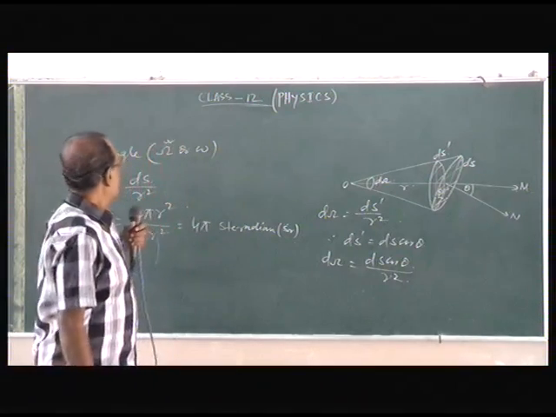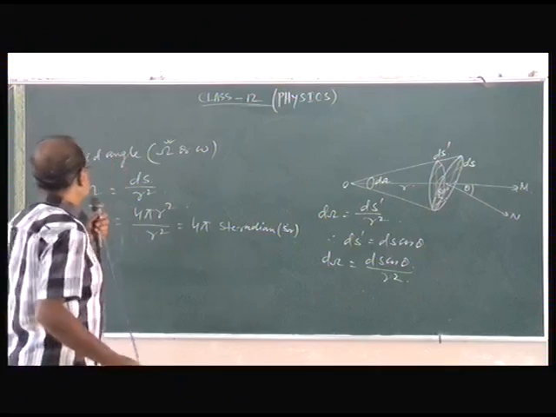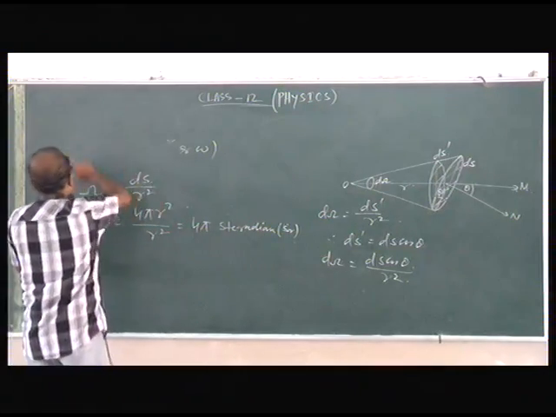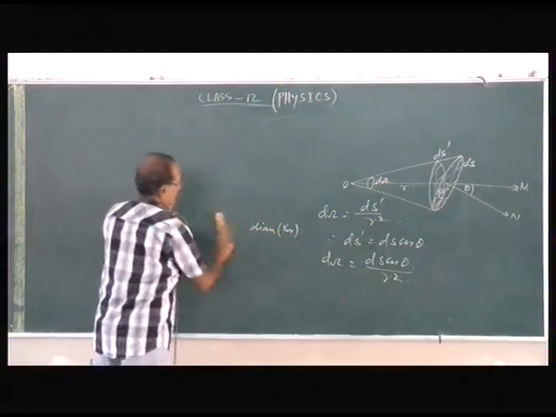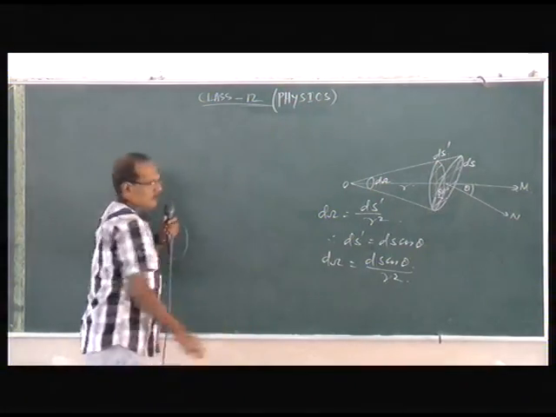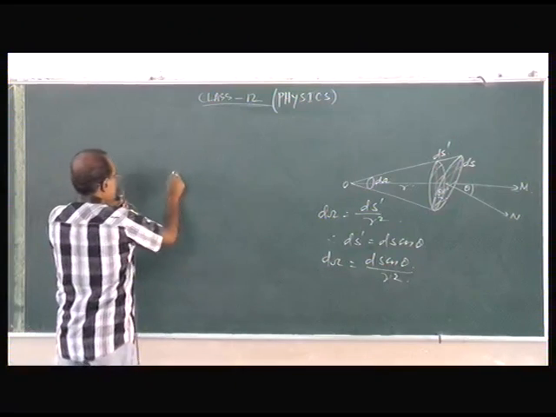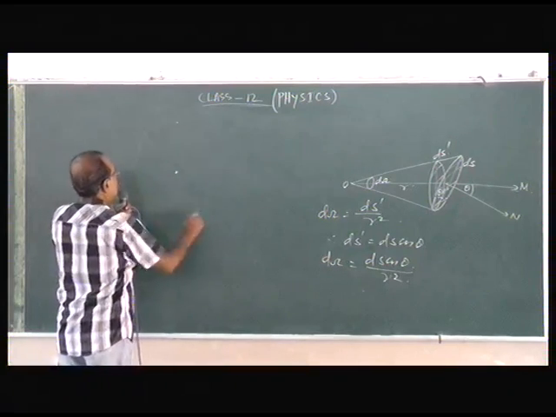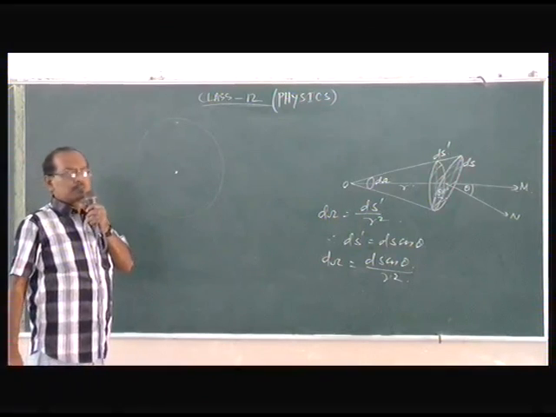Next is Gaussian surface. Now, when the charge is a point charge, it will create an electric field around it as spherical.